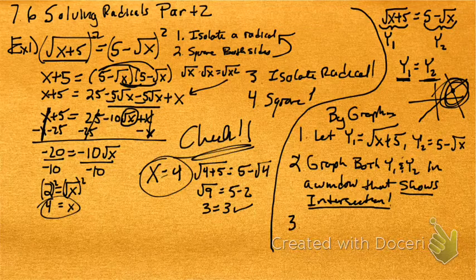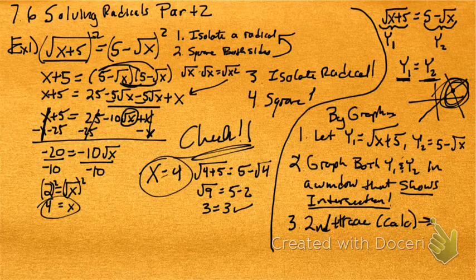After you do that, we're going to hit the zoom, I take that back. You don't want to hit zoom. We're going to get to that calculate menu, which is not zoom, it's second trace, right? We're going to hit second plus the trace button, which is the calculate menu. And you're going to choose, I think that's number 5, which is intersection.